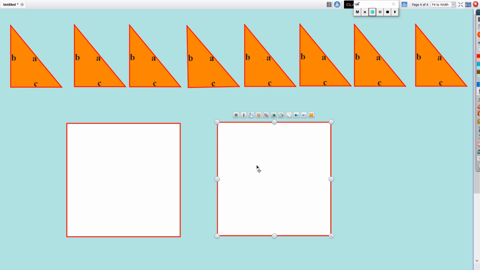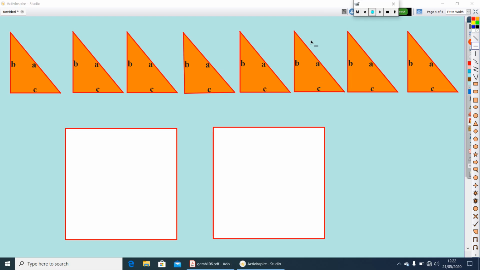Now you can say the areas of these two squares are equal. Now let me place 4 right angled triangles in the first square and the remaining 4 right angled triangles on the other square.